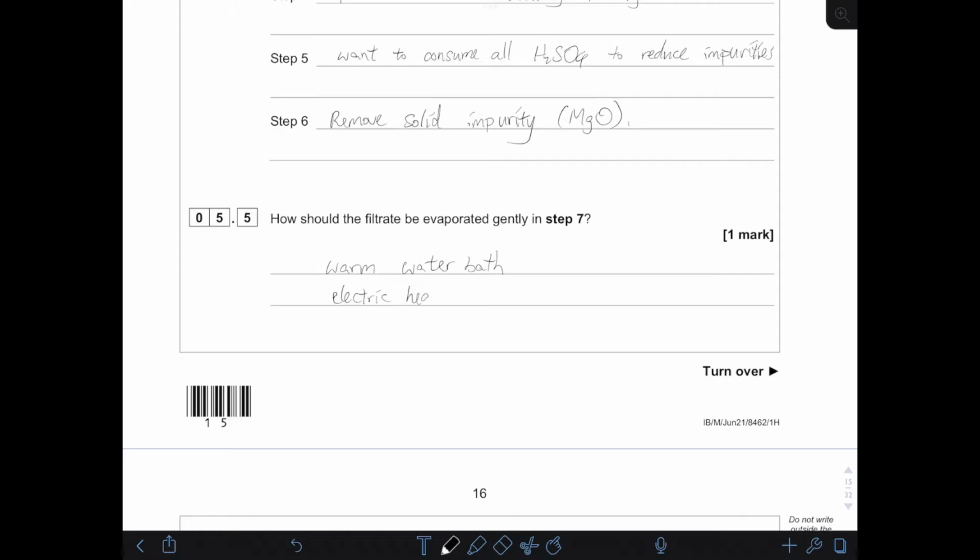Electric heater is fine. Hair dryer is fine. There are a lot of different options here. It's only one mark. Any one reasonable heating option is fine. Don't say blow on it or rub your hands on it or something silly like that. That's not very efficient.